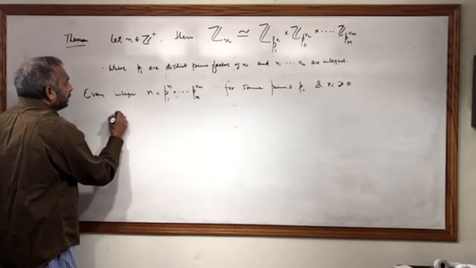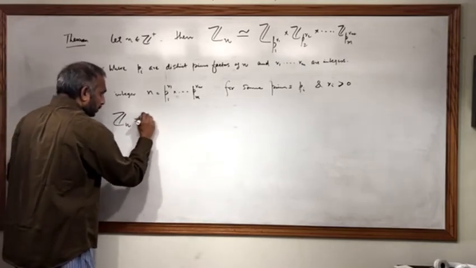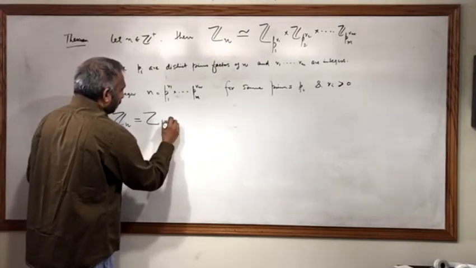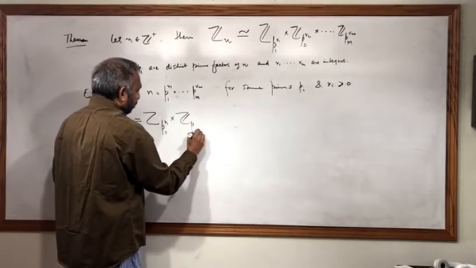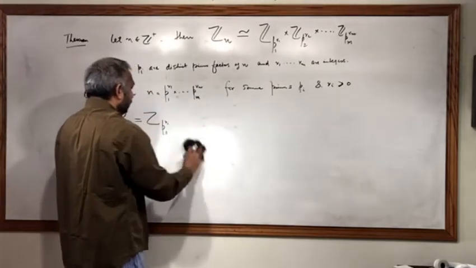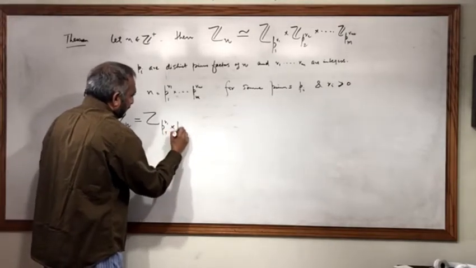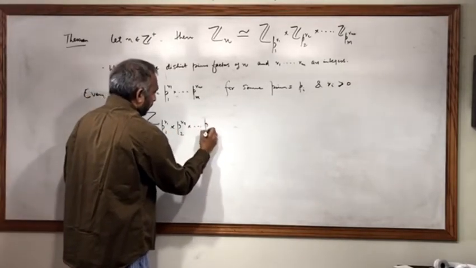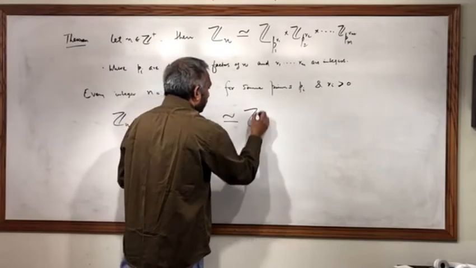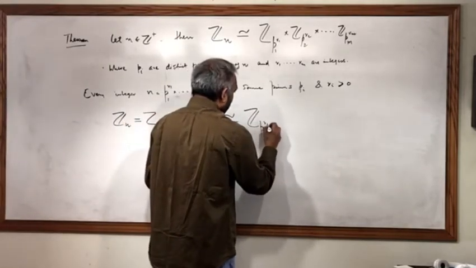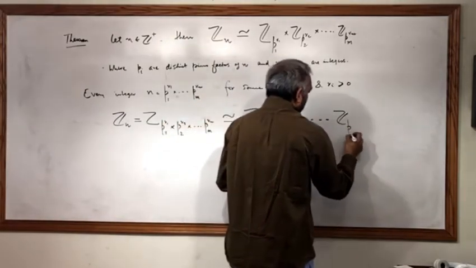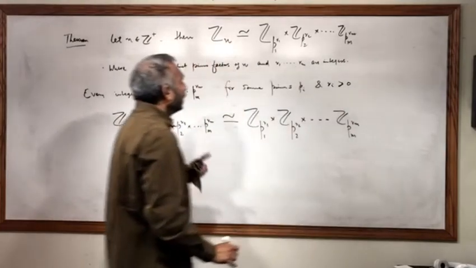And that implies Zn is equal to Z of p1^r1 p2^r2 dash pm^rm, and this is isomorphic to Z_{p1^r1} cross Z_{p2^r2} cross dash Z_{pm^rm}, and that's what we want to prove.